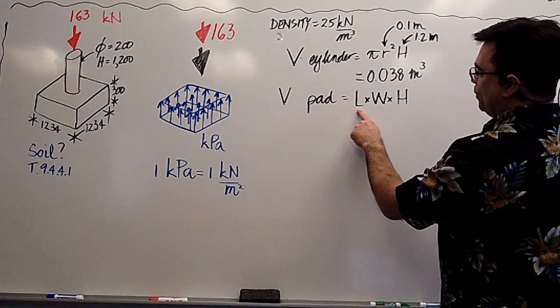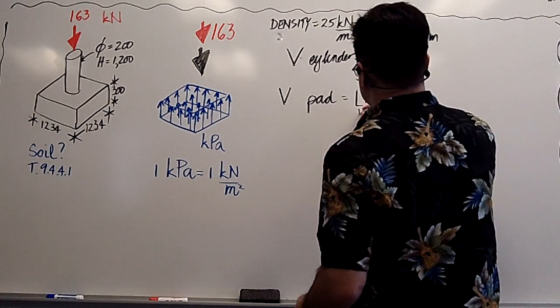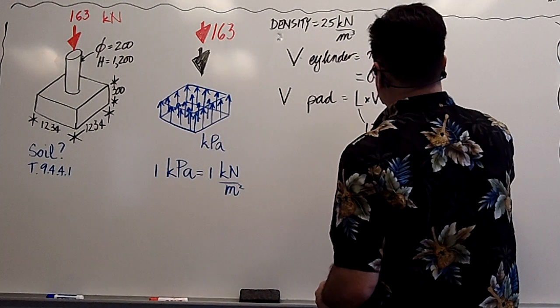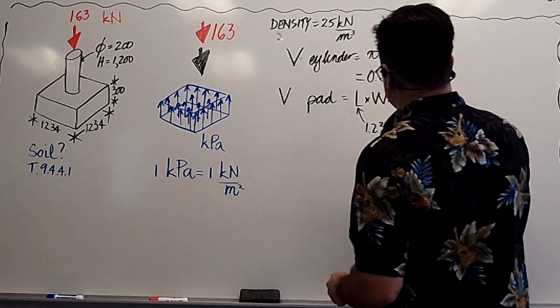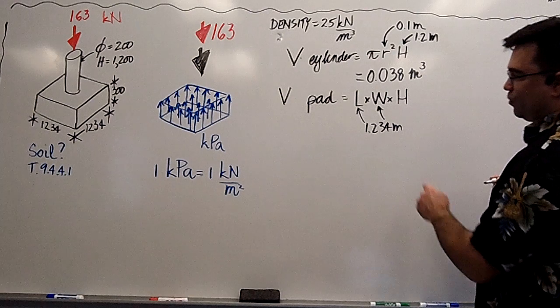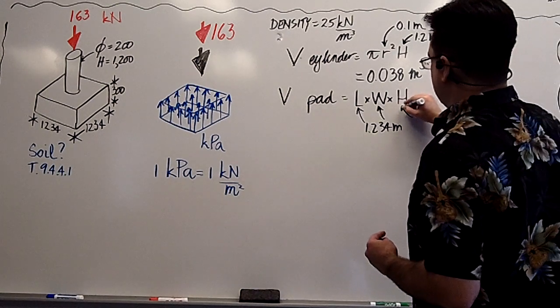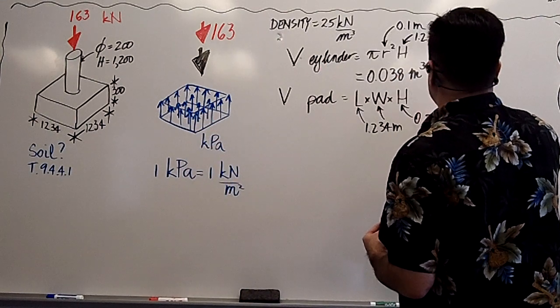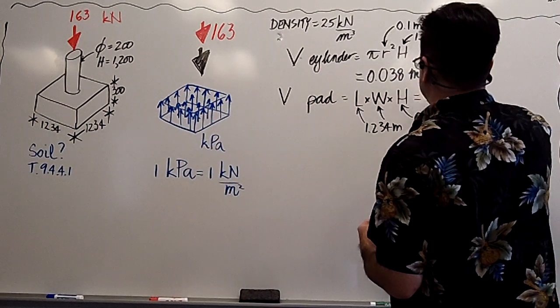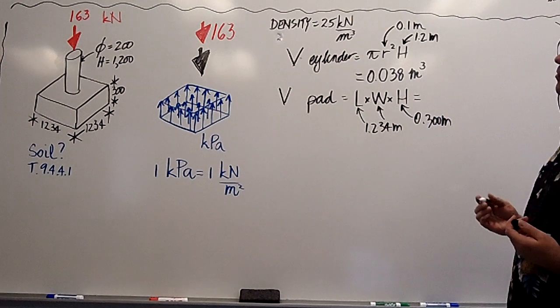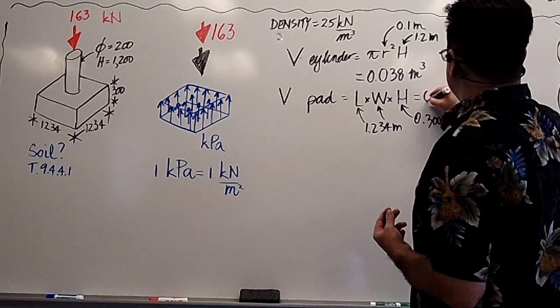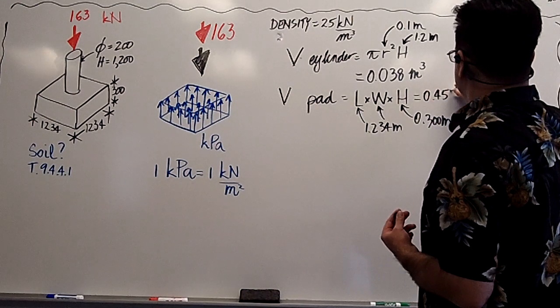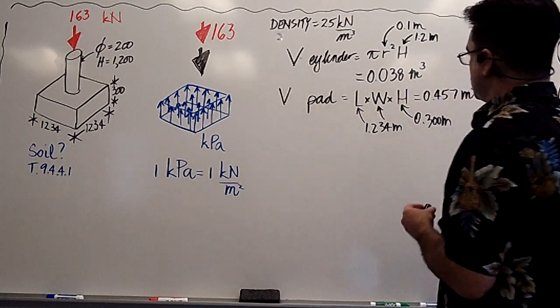So 1.234 meters for the length, 1.234 meters for the width, and the height, since it's 300 millimeters, it's 0.300 meters. When I multiply this out, best 2 out of 3 times, I get 0.457 meters cubed.